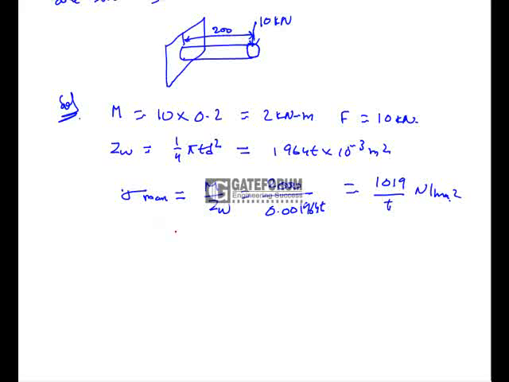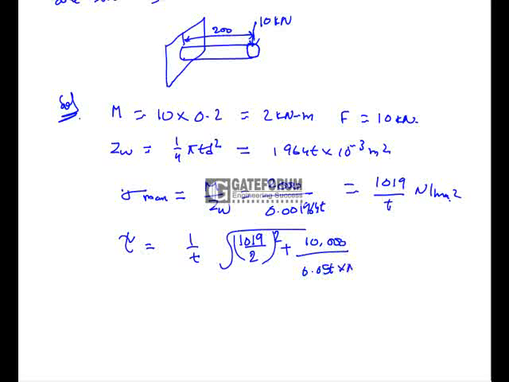The maximum shear stress induced in the bar is equal to 1 by t root of (1019 by 2) whole square, plus the shear stress, which is shear force by shear area, that is 10,000 by 0.05 t into pi whole square, which is equal to 514 by t Newton per mm square.